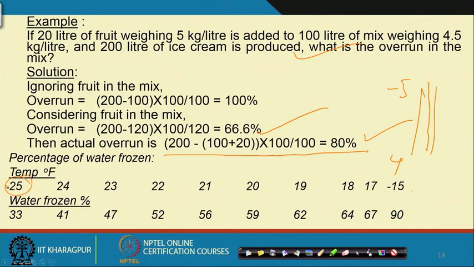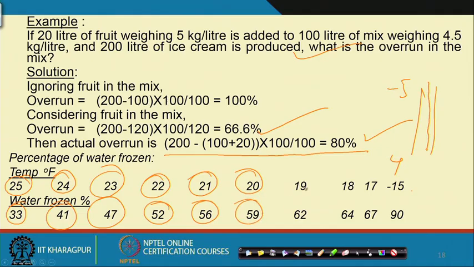So, when you convert 25 into centigrade: at 25 Fahrenheit 33% of the water is frozen, at 24 Fahrenheit 41% of water is frozen, 23 Fahrenheit 47%, 22 52%, 21 56%, 20 59%, 19 62%, 18 64%, 17 67%, minus 15, 90%.